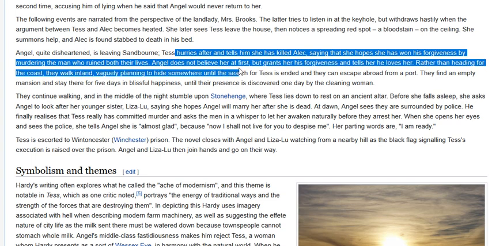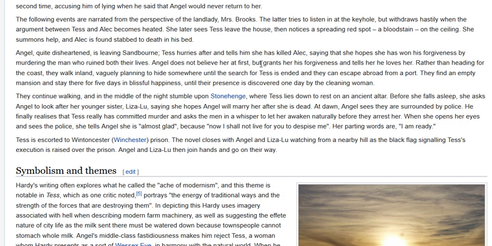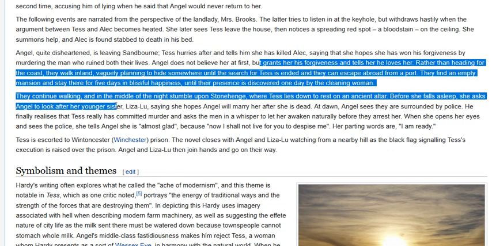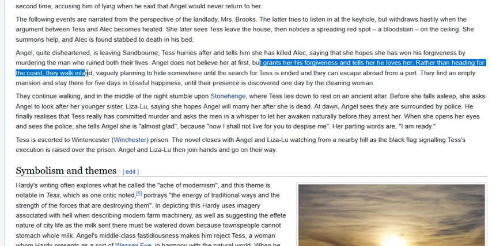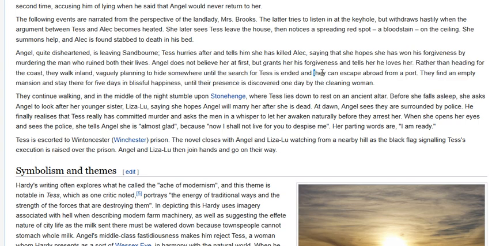Angel does not believe her at first, but grants her his forgiveness and tells her he loves her. Rather than heading for the coast, they walk inland, vaguely planning to hide somewhere until the search for Tess is ended and they can escape abroad from a port.